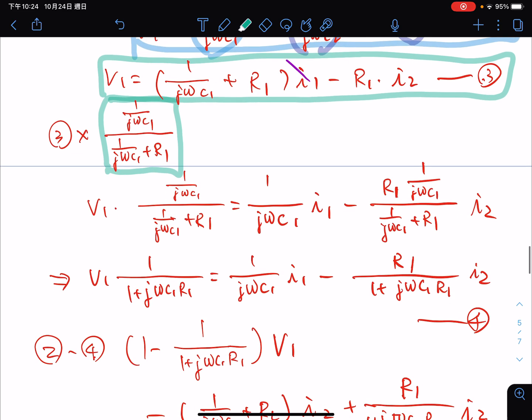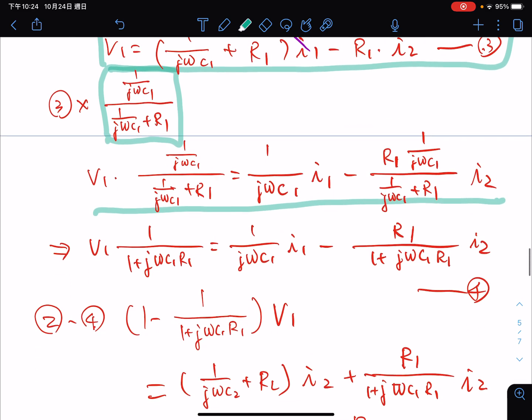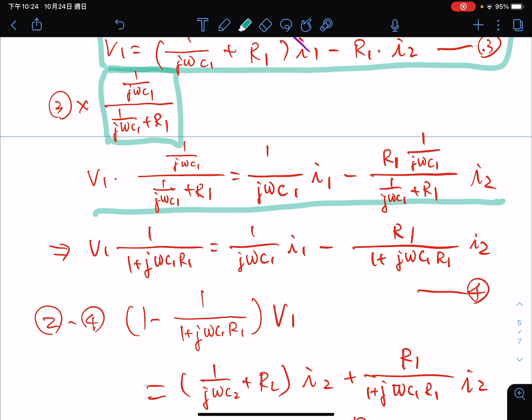Well, actually, it's quite complicated. That should be correct. And then I can rewrite this one to this one here.